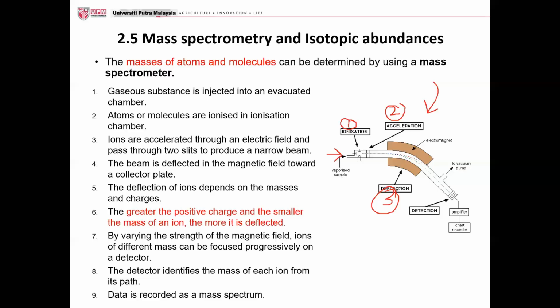By varying the strength of the magnetic field, ions of different masses can be focused progressively on a detector. The detector identifies the mass of each ion from its path. The data will be recorded as a mass spectrum. That is the last part, which is detection.